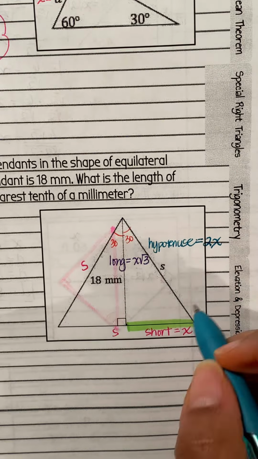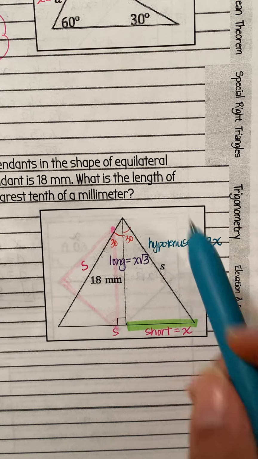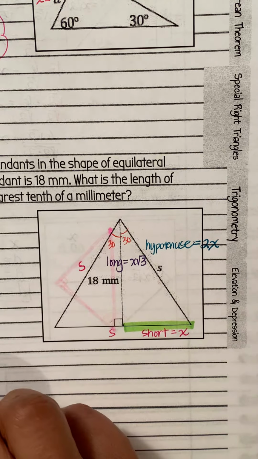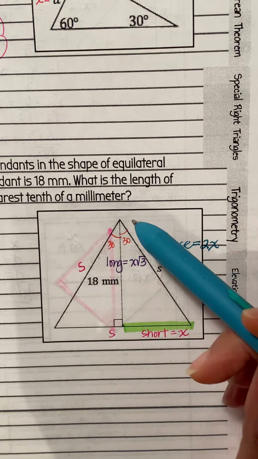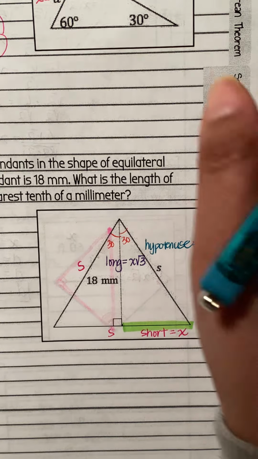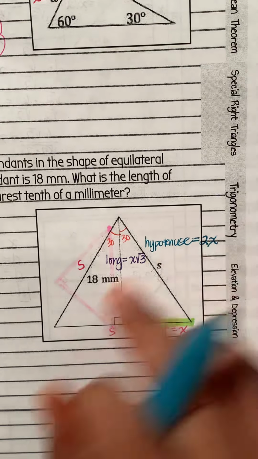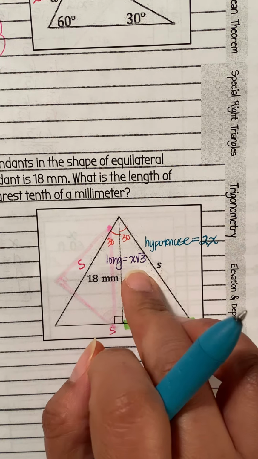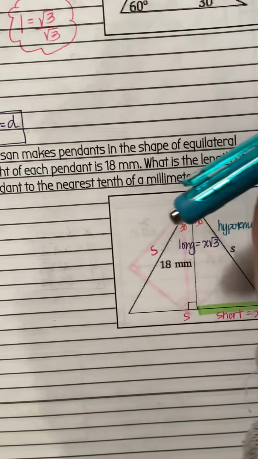And let me move that over. I apologize, okay? So based on what we have here, we are going to determine what is the length of each side of the pendant to the nearest tenth. We're going to find out what this s is, okay? So I know that the long leg is 18, and it's equal to x times the square root of 3.